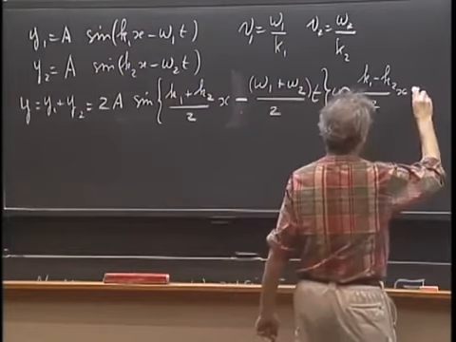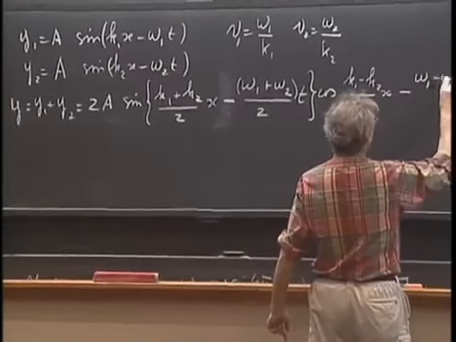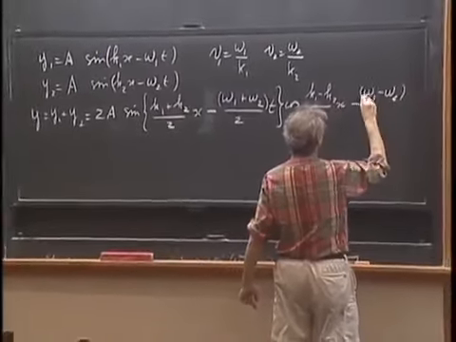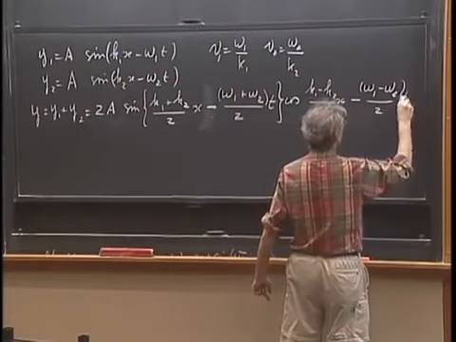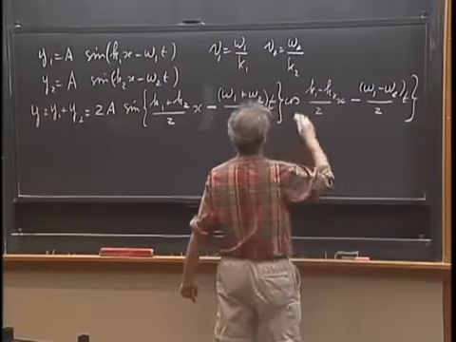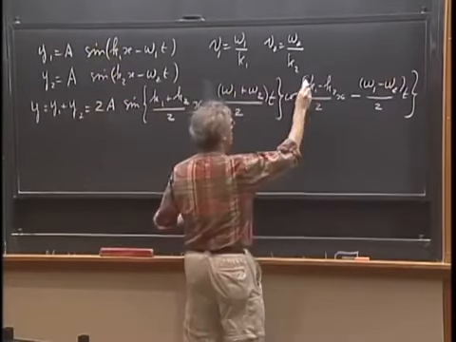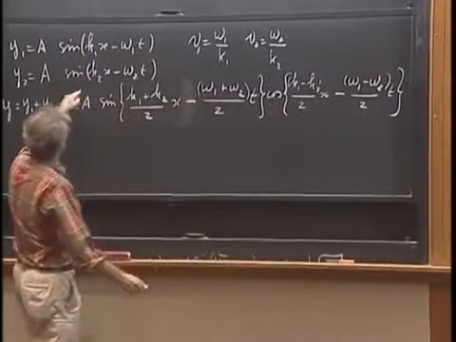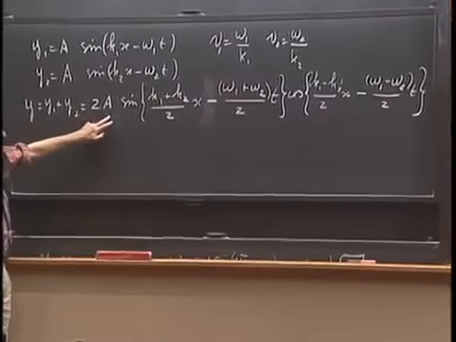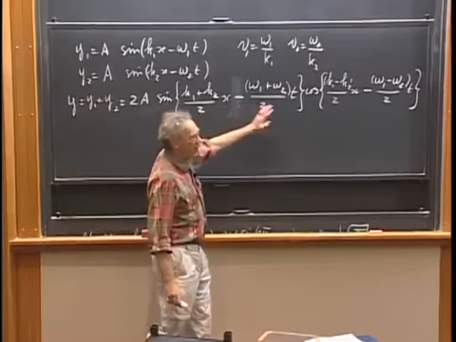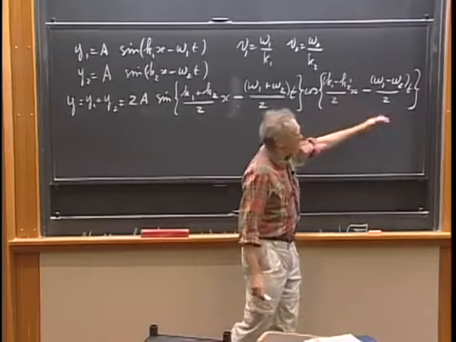And now I get minus omega 1 minus omega 2 divided by 2 times t. So look closely what I have done here. I've added two sine curves. I get twice the amplitude, the sine of half the sum times the cosine of half the difference.